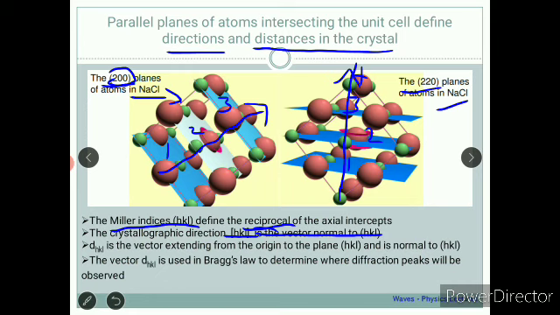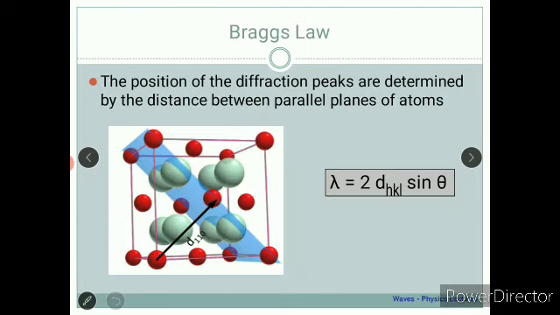Now this vector is represented by the term d_hkl. The d_hkl vector, which originates at the plane HKL, is normal to all the set of planes that we have. The vector d_hkl is used in Bragg's law, which we are going to look into in the next slide. We are not going to really derive Bragg's law, but we are just going to have a look at it.